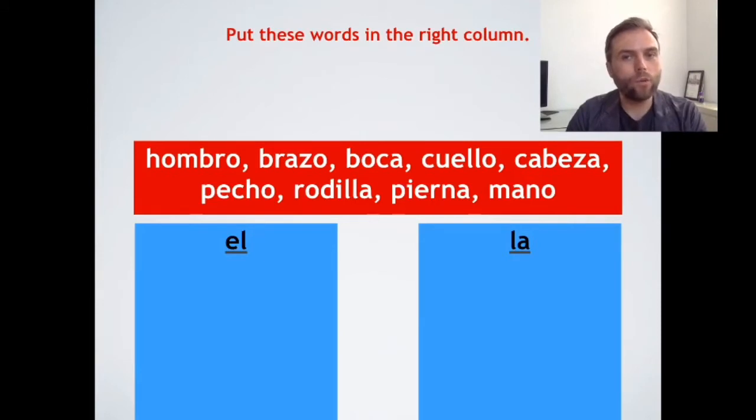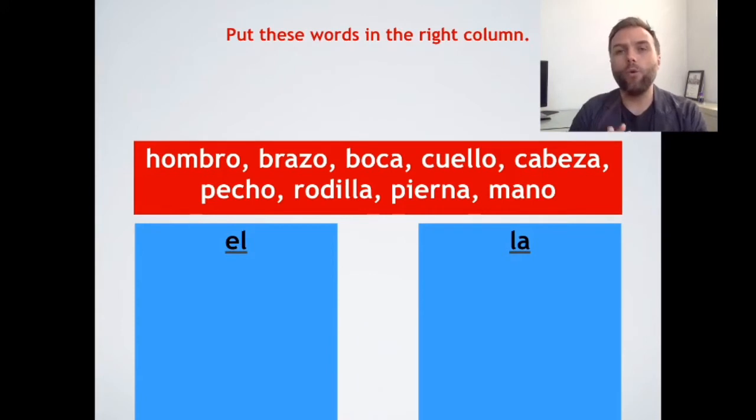Okay, so we've got one more word here that wasn't previously learned in this lesson, which is mano at the end of the red box. So where do you think this might go? Okay, so usually students guess this is probably el by following the rule of the O at the end of the word matching with el, but actually that is an irregular word in Spanish.